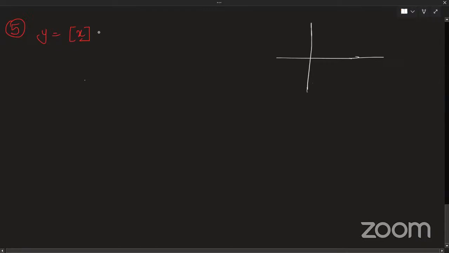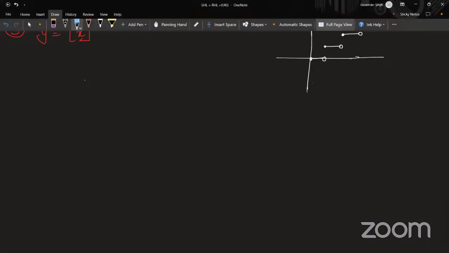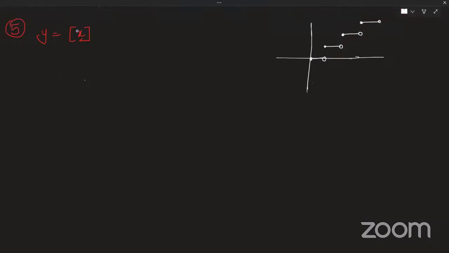The greatest integer function's plot was something like this, a stepwise function. We used to call it a staircase function, something like this. Right, everyone?